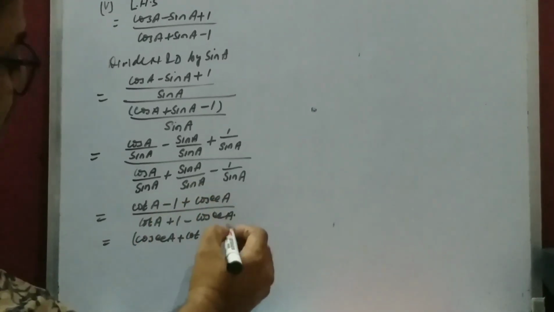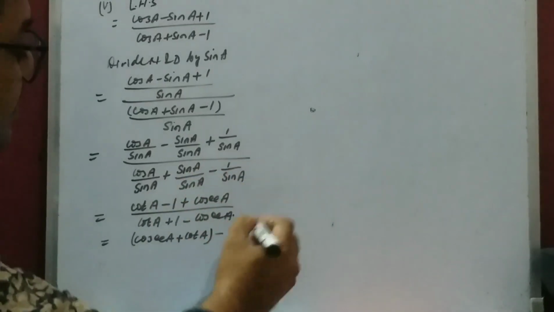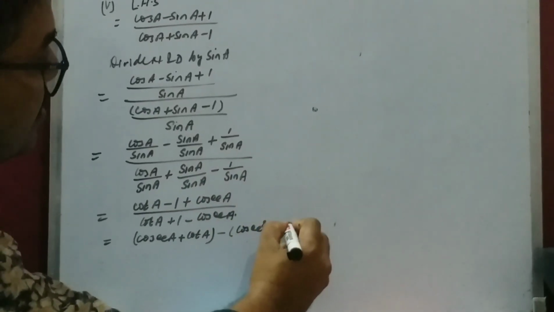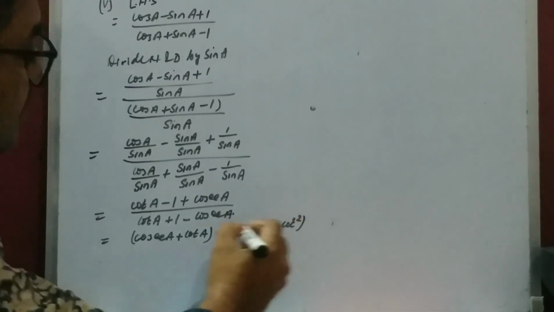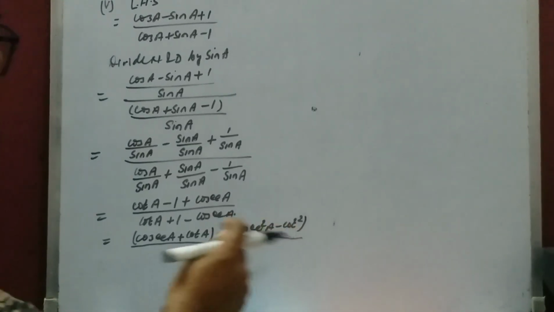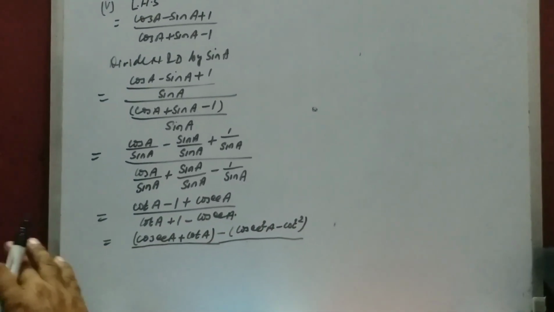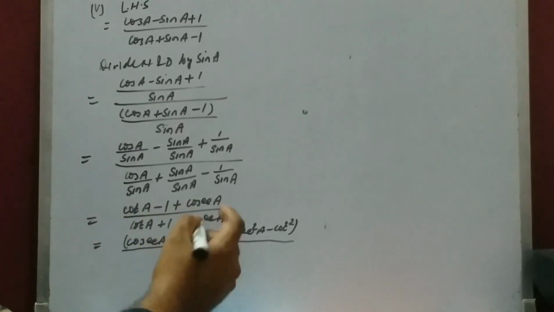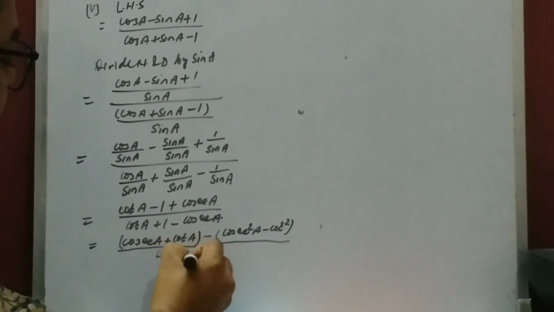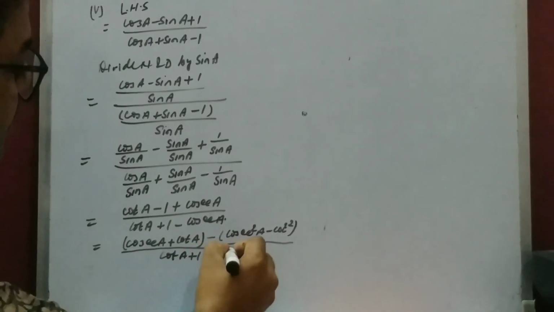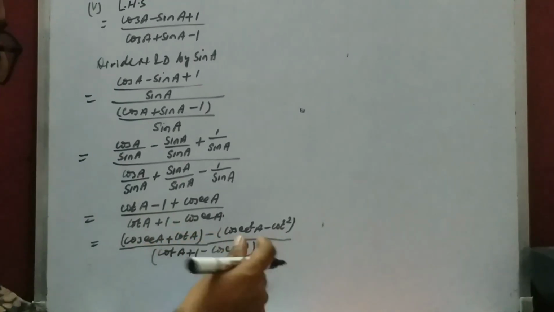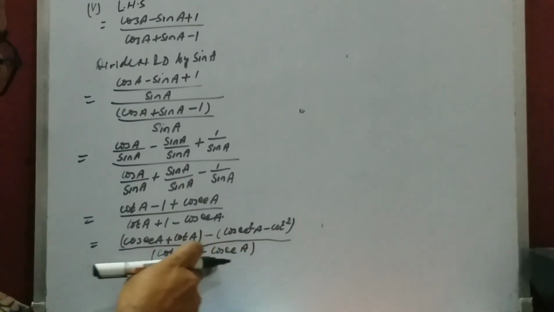And for this one, you will write cosec square A minus cot square A. And in denominator, you will write the denominator as it is, cot A plus 1 minus cosec A.